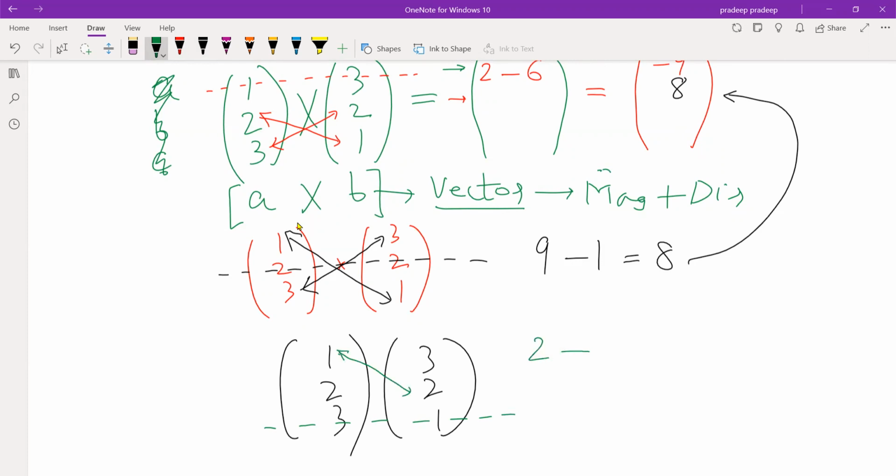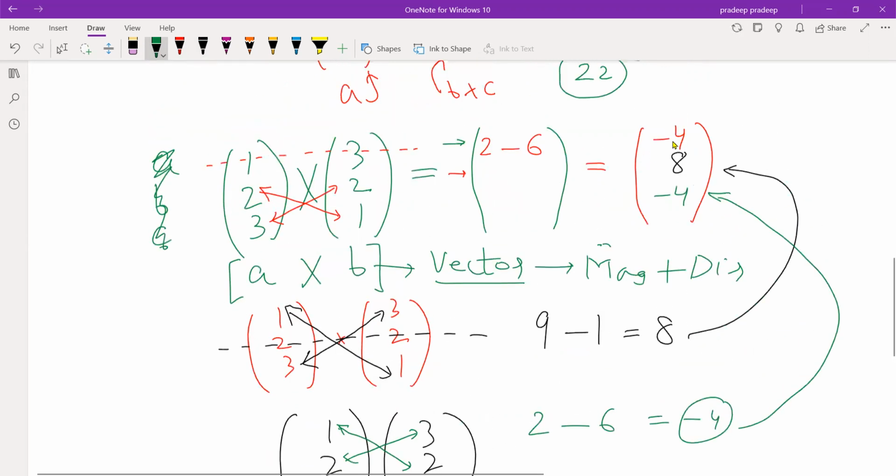Then we subtract and then we write 2 into 3, which will give you 6. So 2 minus 6 is -4. And that will be the z component of the resultant. So the vector cross product is -4, 8, and -4. Right, now Smera and Baba, both of you please write this example down, and then let me tell you a general formula after this.